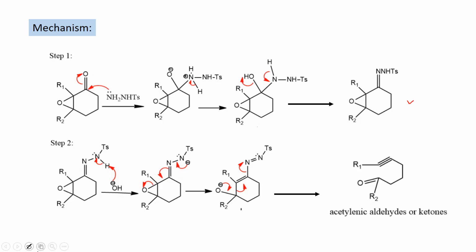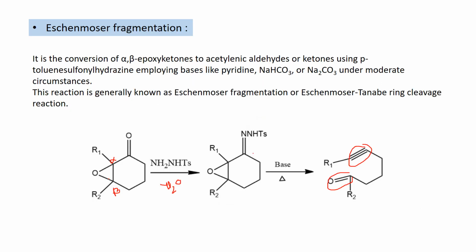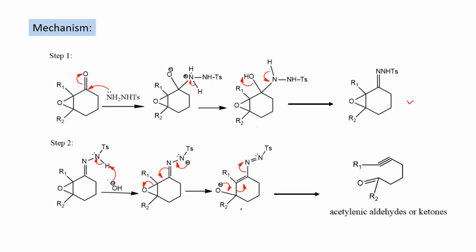After formation of this hydrazone, if you add any base, this will take up the acidic proton connected to this nitrogen center and generate a negative center here. Just see the movement of these arrows, all happening in a single step.